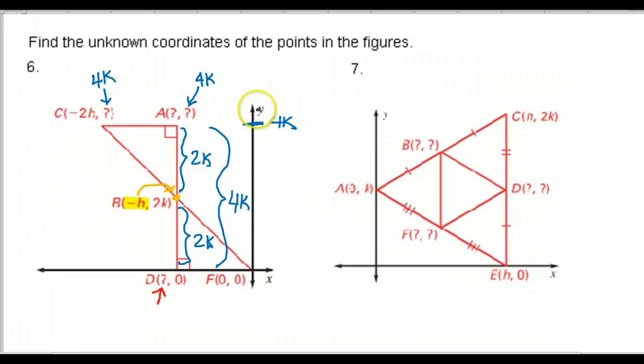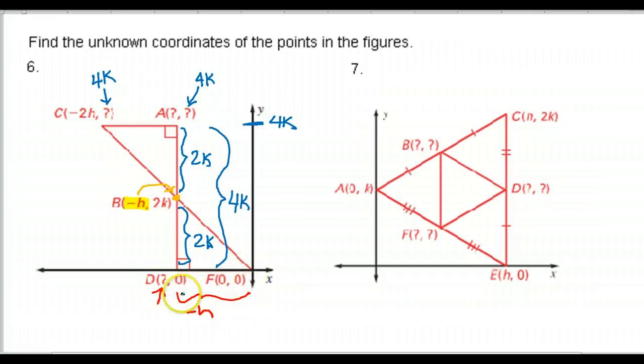So remember, the y-axis is way over here. But that means that this distance from here to here must be negative h. This is h to the left, or it's negative h across. So that should be the x value of all the points on this line. This is a vertical line.